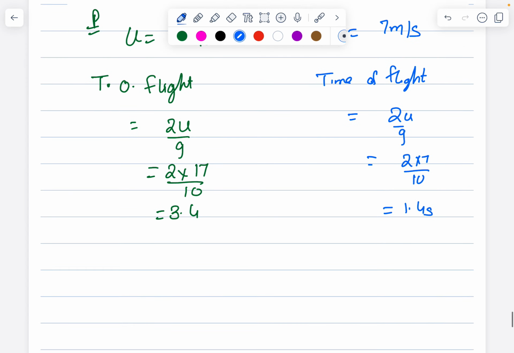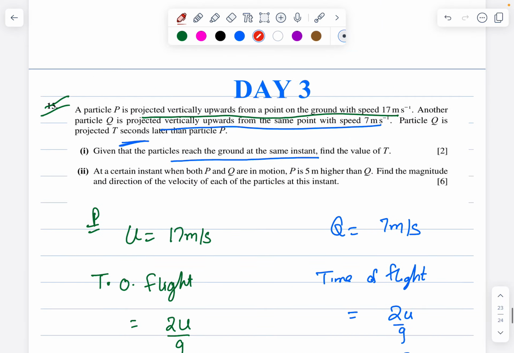But both are reaching at the same time. So obviously the time difference is going to be 3.4 minus 1.4, which is 2 seconds. So Q has been thrown 2 seconds after P has been thrown.